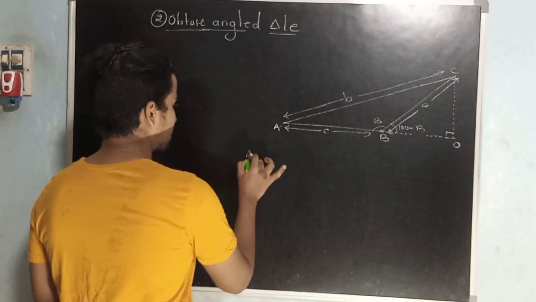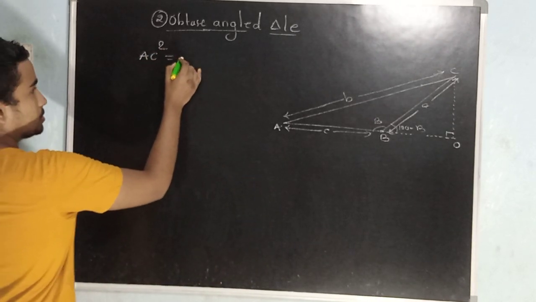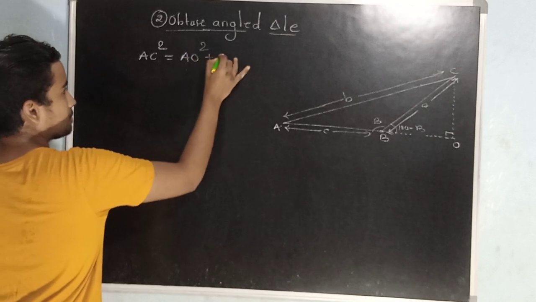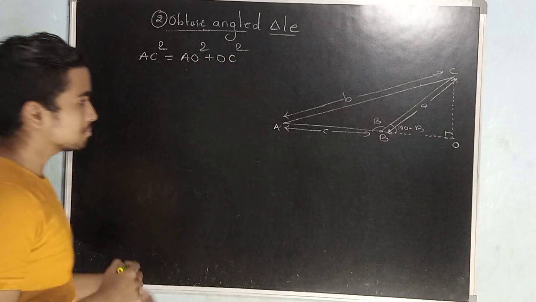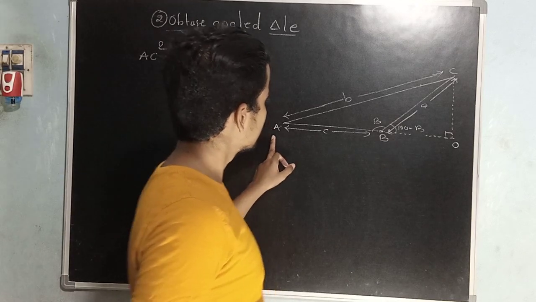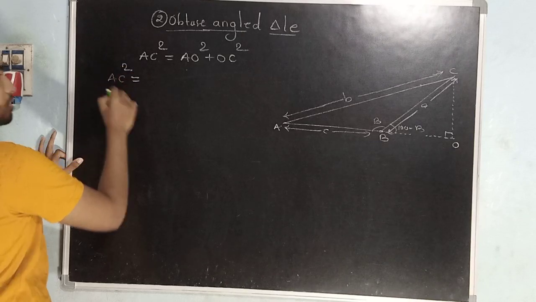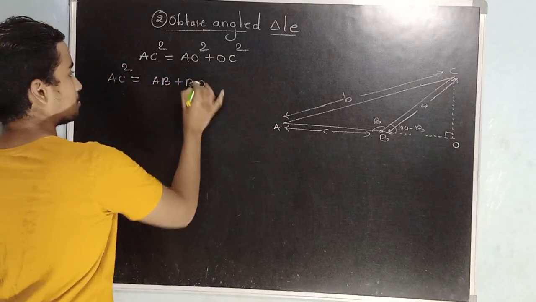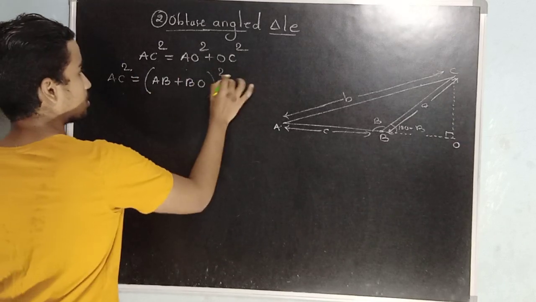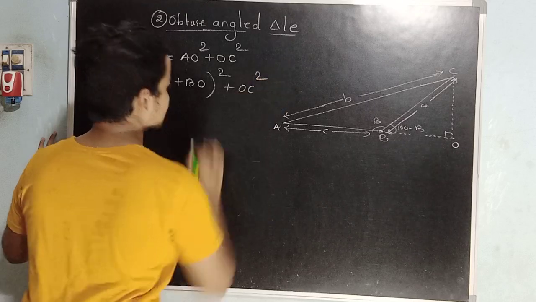Now AC square is equal to AO square plus OC square as per the Pythagoras theorem. AO is nothing but AB plus BO, whole square, plus OC square.